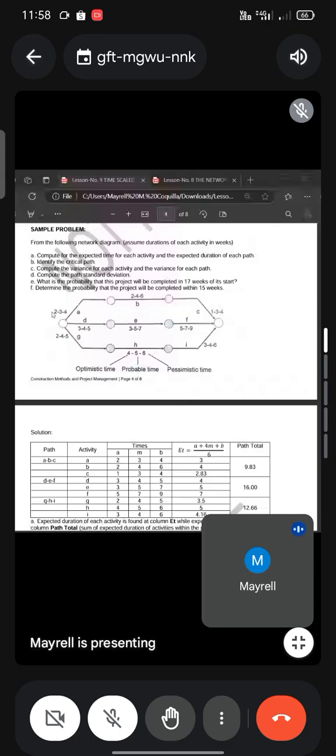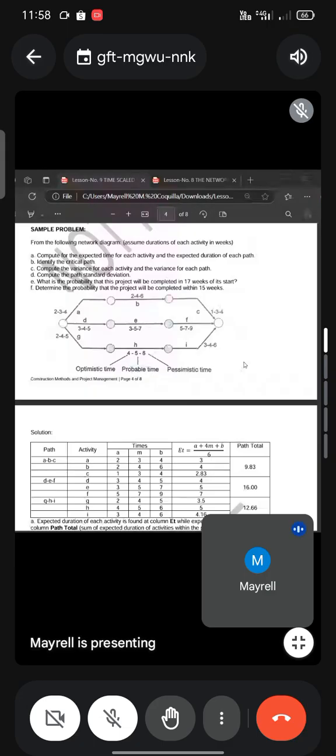And this one, we have 3. Those numbers represent: the first digit is the optimistic time, the middle is the probable time, and the last digit is the pessimistic time. So we will use A, M, and B when solving.